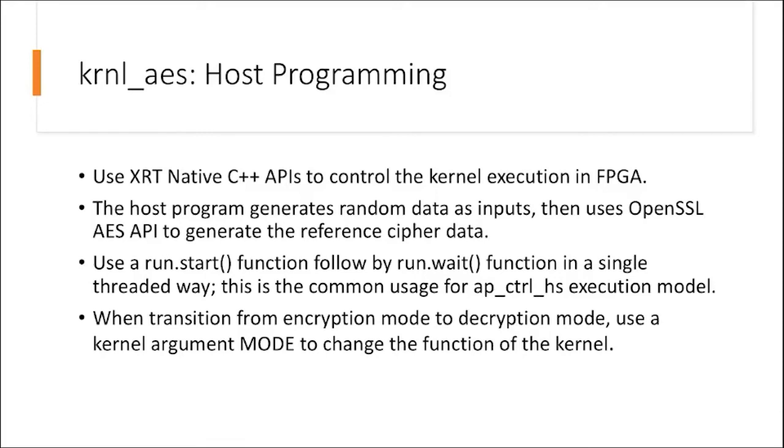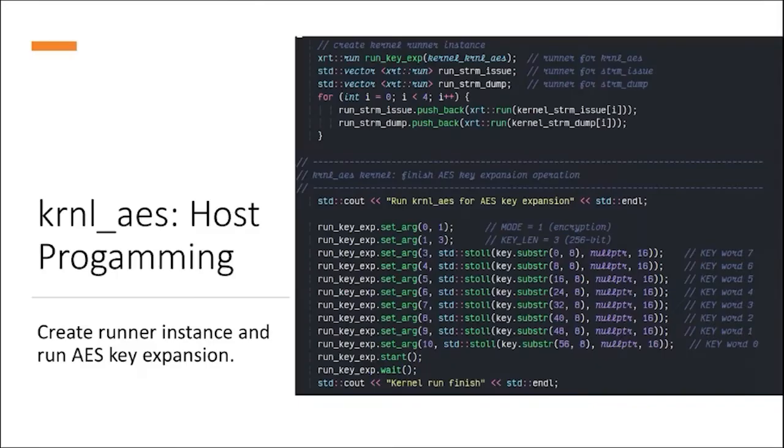When we execute the kernel, we use the run.start function followed by the run.wait function in a single-threaded way. This is the common usage for the ap_ctrl_hs execution model. And when transitioning from encryption mode to decryption mode, we have to set a kernel argument mode to change the function of the kernel. We will see some examples here.